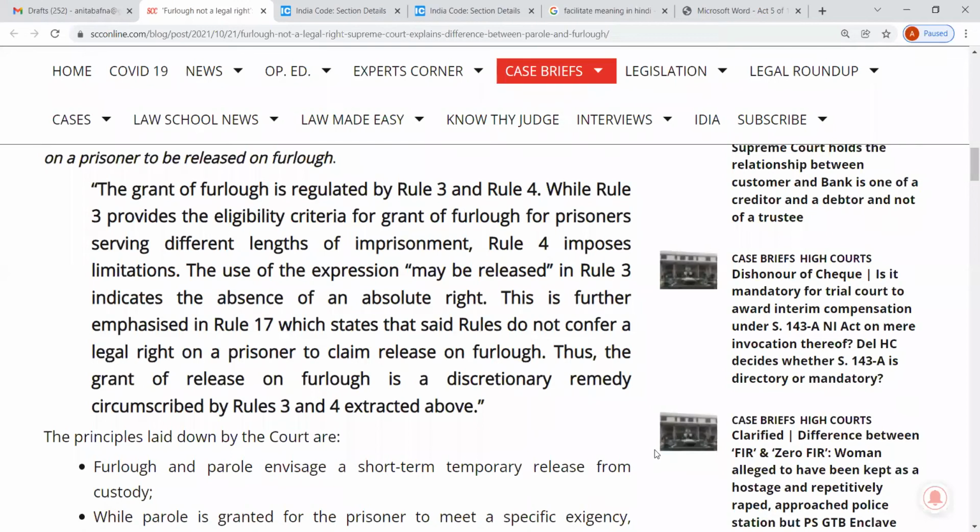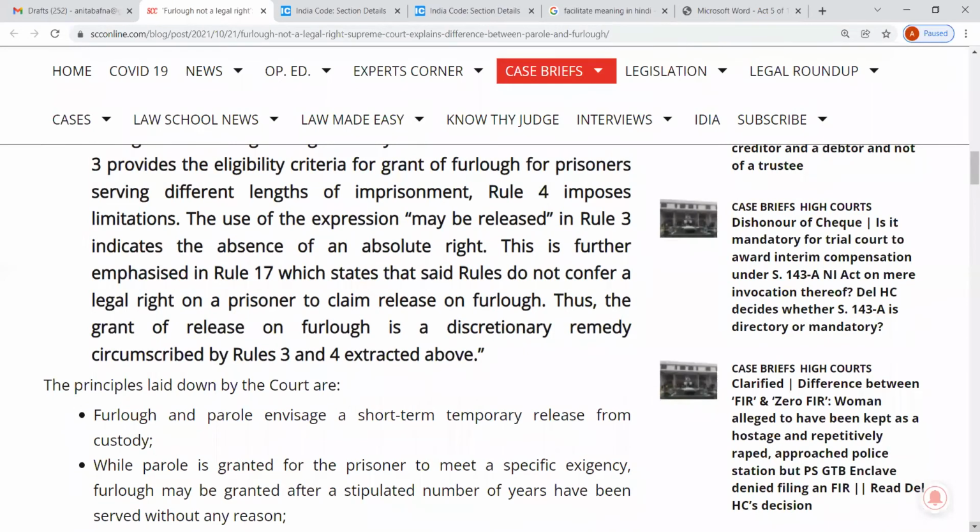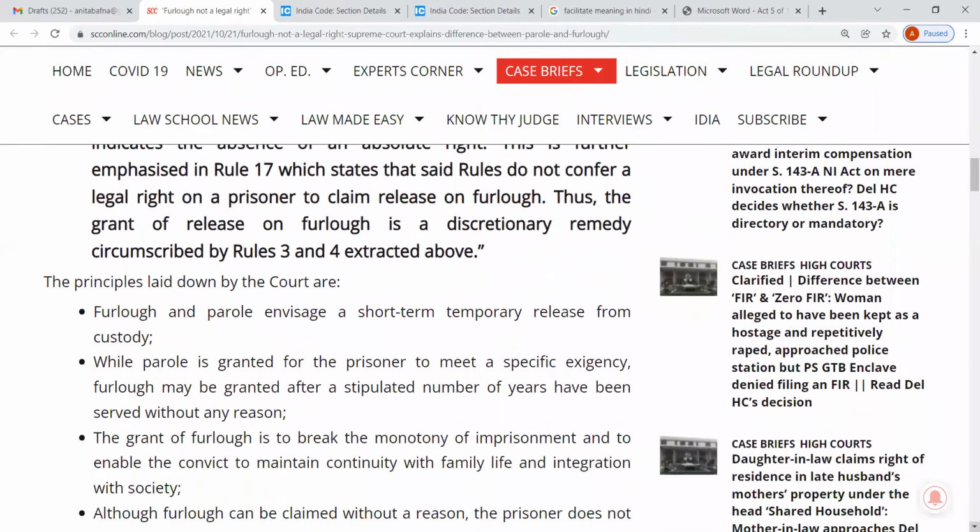The use of the expression "may be released" in Rule 3 indicates the absence of an absolute right. This is further emphasized in Rule 17, which states that the rules do not confer a legal right on a prisoner to claim release on furlough. Thus, the grant of release on furlough is a discretionary remedy circumscribed by Rules 3 and 4 extracted above.